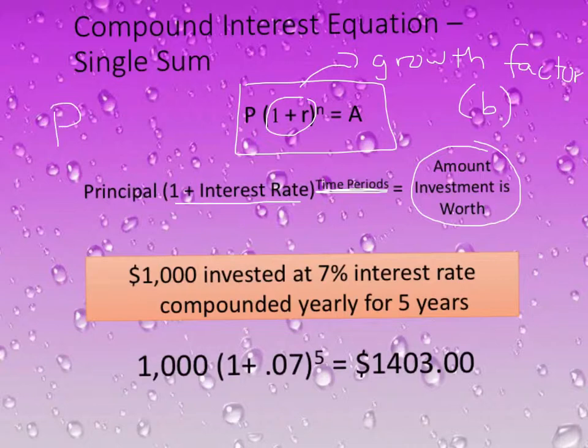For that equation, it will still be principal times 1 plus, but instead of r, we're going to do r over n, and we're going to go to the n power, but then we're going to have to put in t, which gives us how long it's going to take.